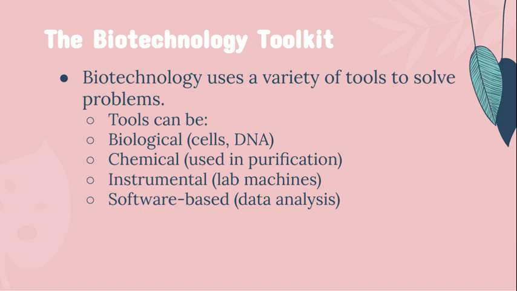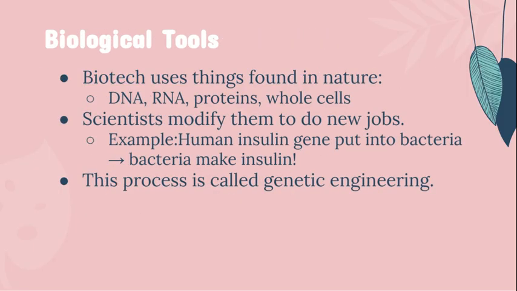So, what are some tools that we use to create these products and solve these problems? So, tools can be biological, they can be chemical, they can be instrumental, and they can be software based. So, biotechnology uses things found in nature. So, our biological tools include DNA, RNA, proteins, and whole cells.